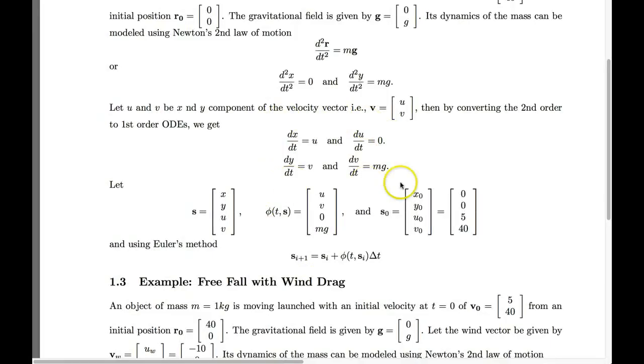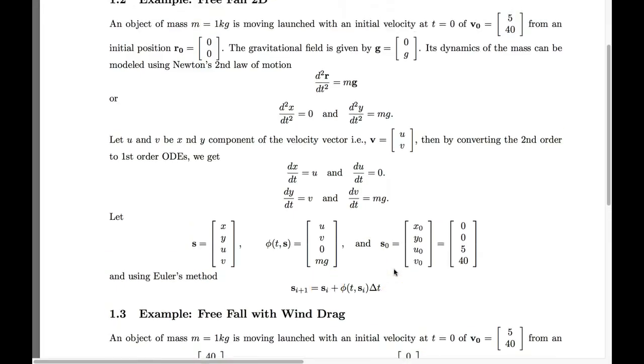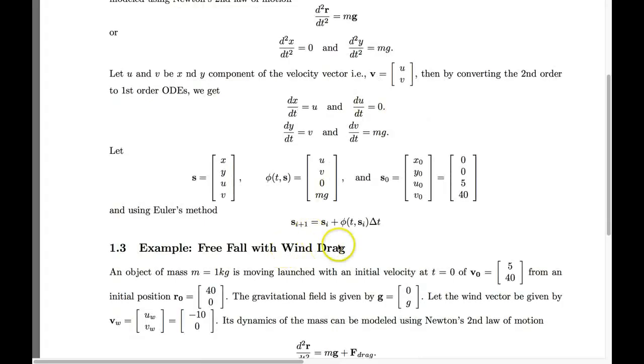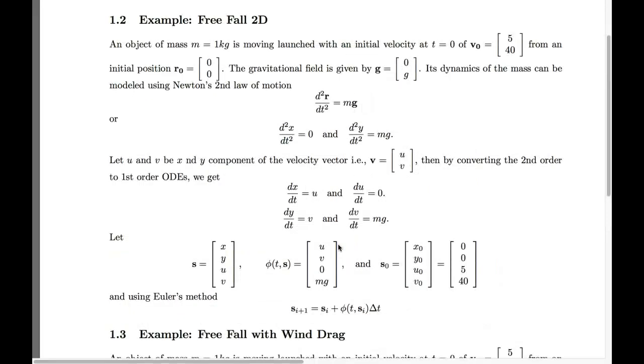That system can then be converted into an Euler's method implementation, where we are just updating a state vector at each time step, and this way we can solve the original differential equation that we were required to solve. In the next tutorial, we'll also include the drag in this free-falling object.